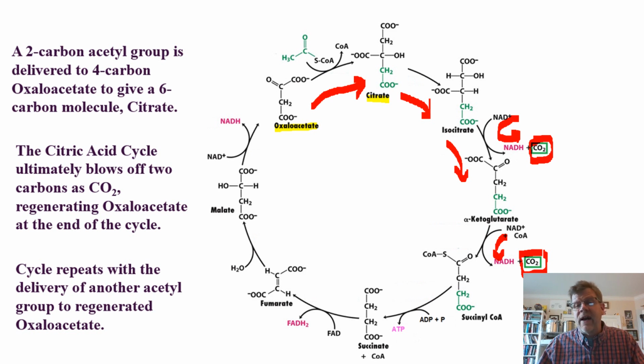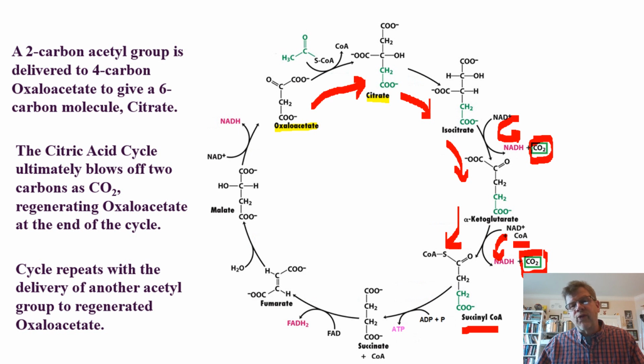Alpha-ketoglutarate, after losing carbon dioxide, becomes a 4-carbon molecule right here. You'll notice that, once we lose this last carbon dioxide, this 4-carbon molecule is hooked up again covalently to coenzyme A, and we have this molecule right here, which we see as succinyl-CoA.